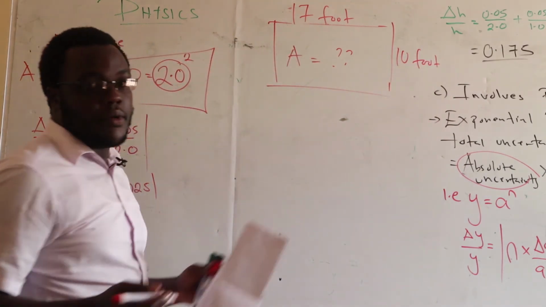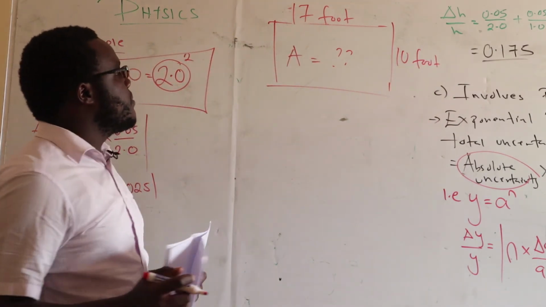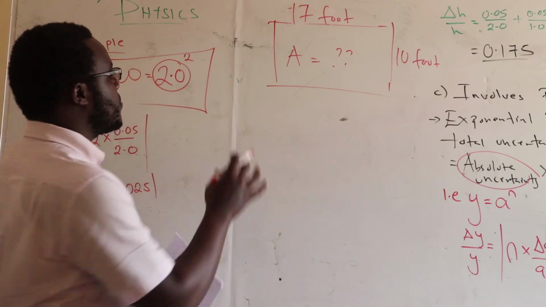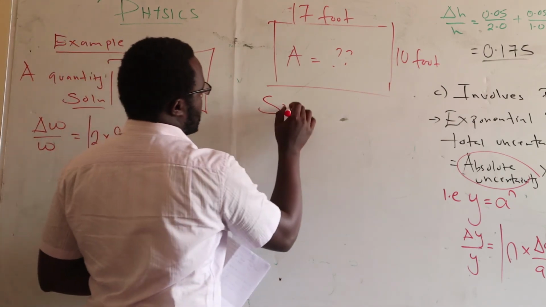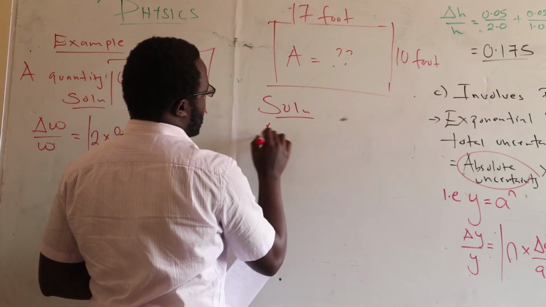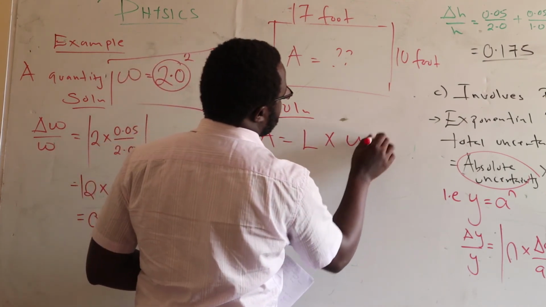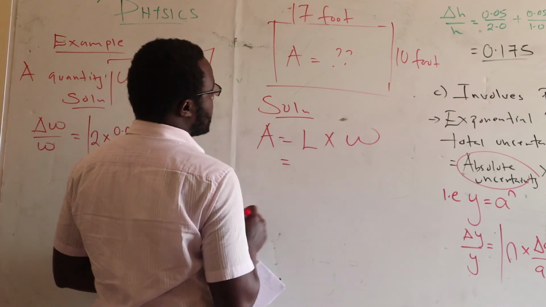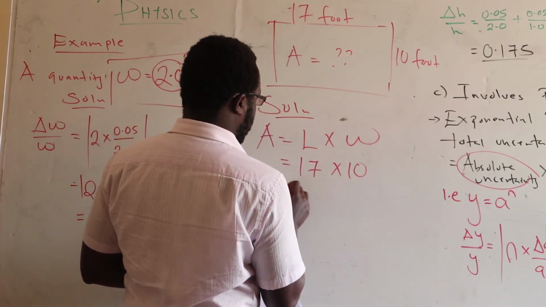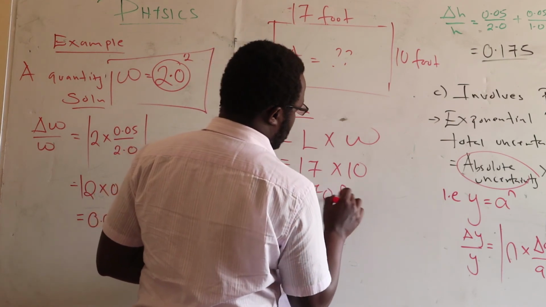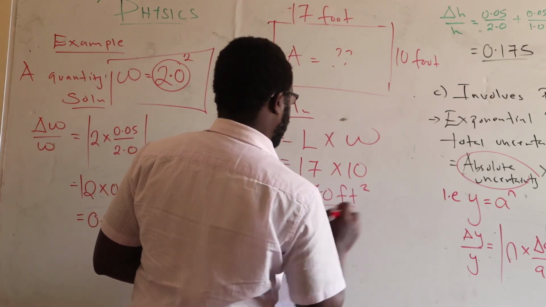This is just an example. It may not be the exact value, but we want to see how you put the uncertainties in. In the solution, we first define the area as length times width, so the actual area is 17 multiplied by 10, which is 170 foot squared.